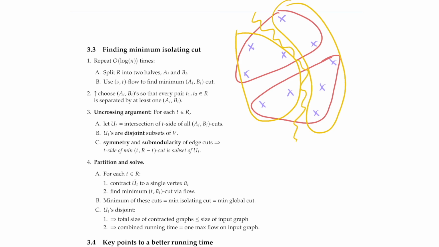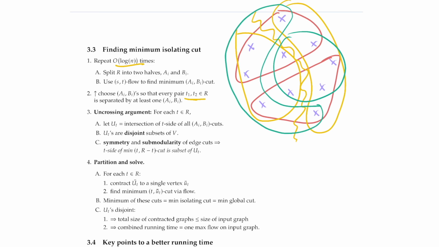So you keep partitioning until you guarantee that every pair of terminals is separated at least once. And so you only need to do this log n times. Okay. And so, yeah, here would maybe be another part and so on and so forth.